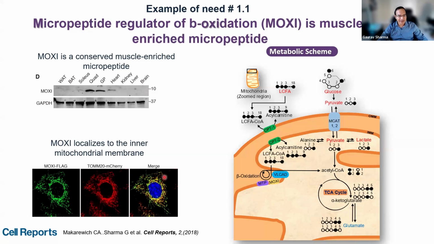Then they had a question about whether MOXIE participates in, I mean, it is involved in beta oxidation of fatty acid, but at what portion does it regulate, and how could we quantitatively analyze how this mechanism works. So we designed stable isotope tracer studies using the carbon-13 labeled isotope. Here is one of two isotopes, which is glucose, labeled at the 1,6 position, and there is a long chain fatty acid.